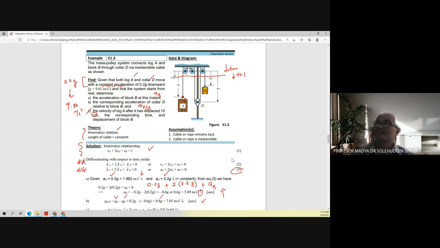So what I would suggest is that you do a lot of exercises on how to write the kinematic relationship of this type of problem. Look at the examples, how they obtain the kinematic relationship and how they do the differentiation. The differentiation part is not difficult because there is no chain rule there. It is straightforward differentiation.